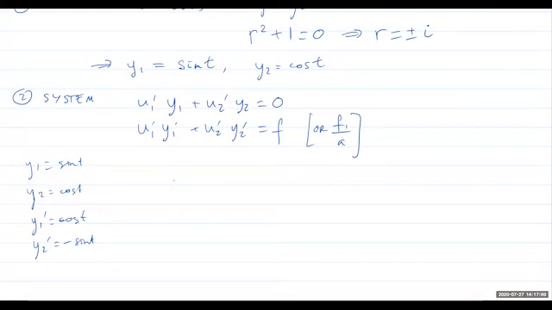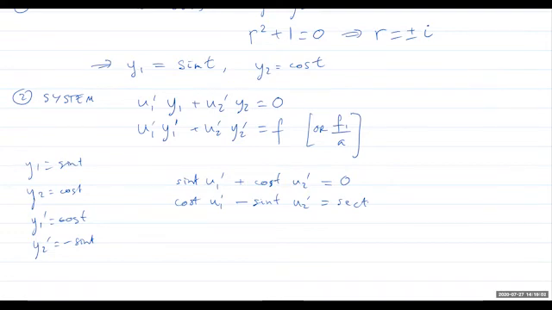So the system becomes sine t u1 prime plus cosine t u2 prime equals 0. Cosine t u1 prime minus sine t u2 prime is equal to f of t, and f is secant t.